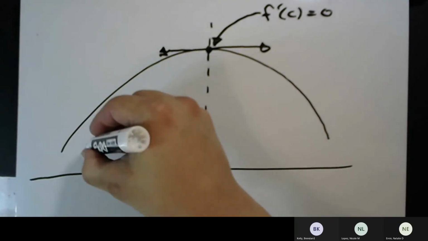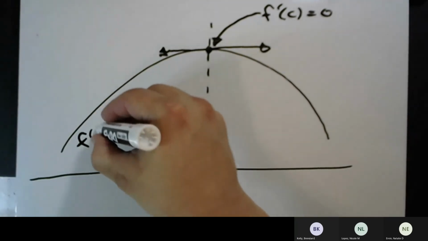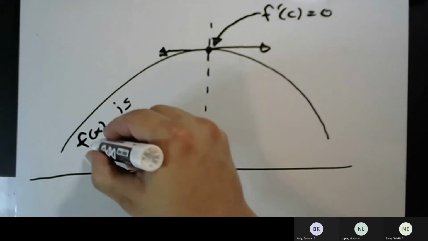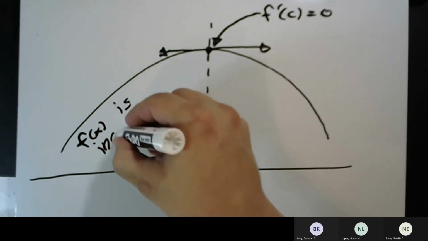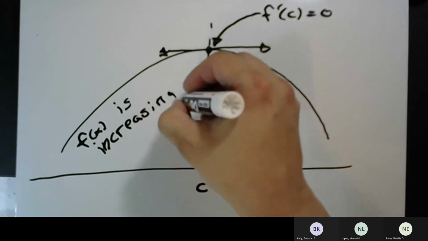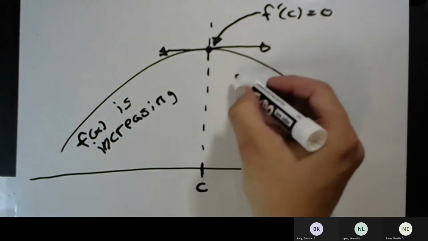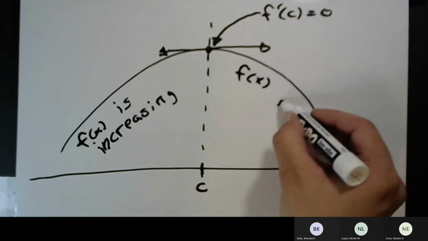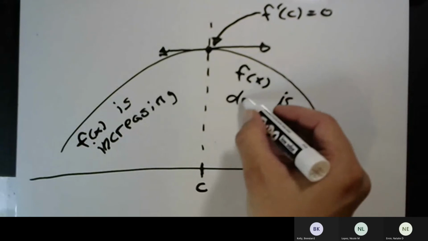So along here, f of x is increasing. And here, f of x is decreasing.